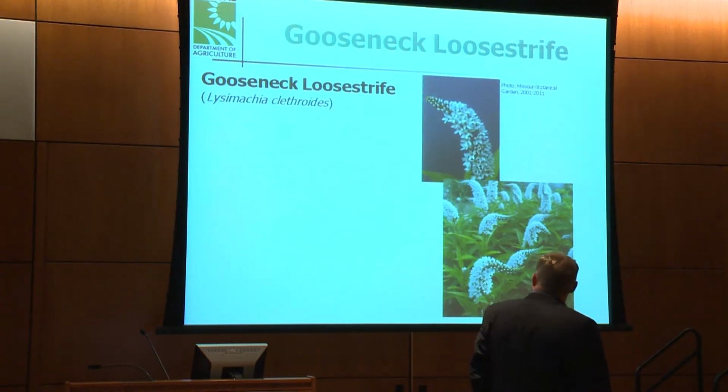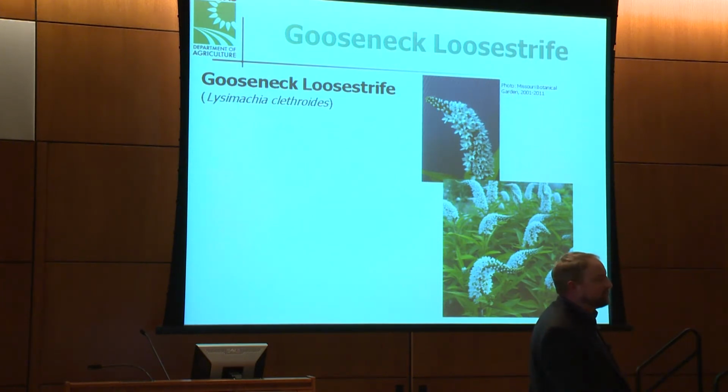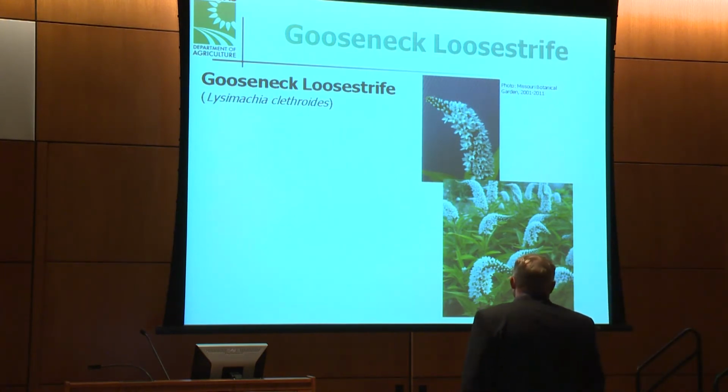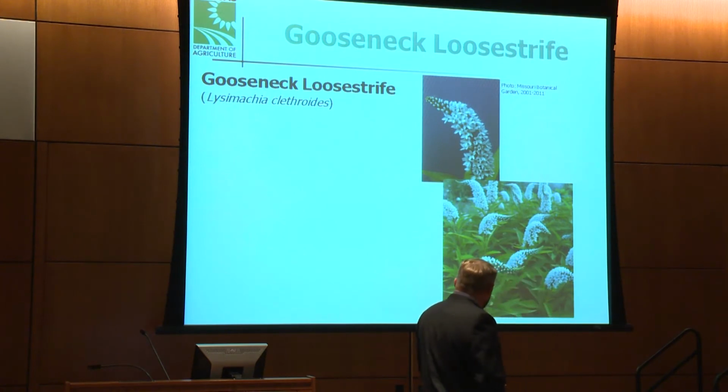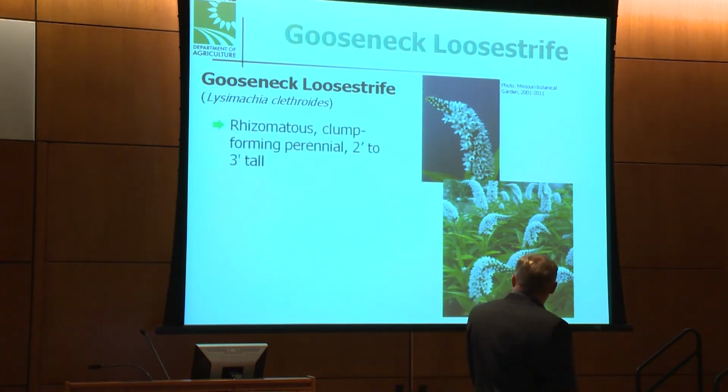Gooseneck loosestrife. This is a different genus than the purple loosestrife that I'm sure you've heard about, that is on our quarantine list. But it looks somewhat similar, so it got a similar name. Again, rhizomatous.